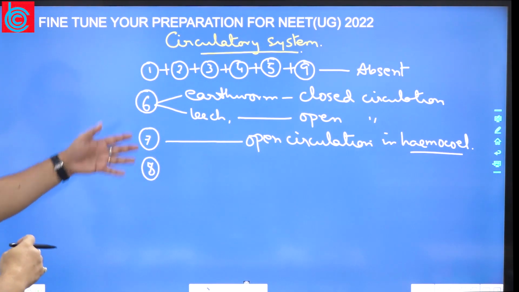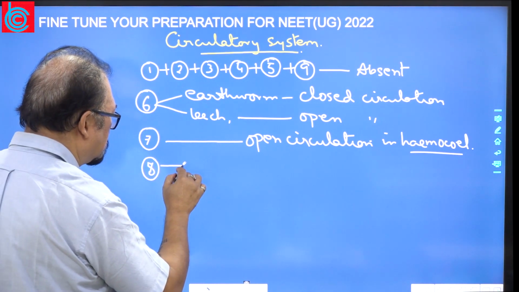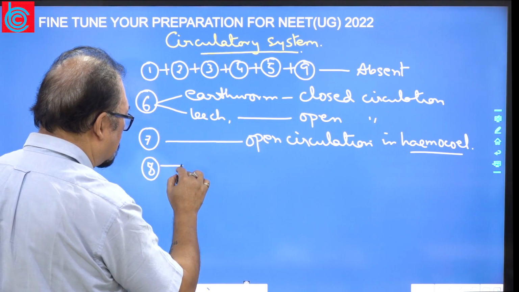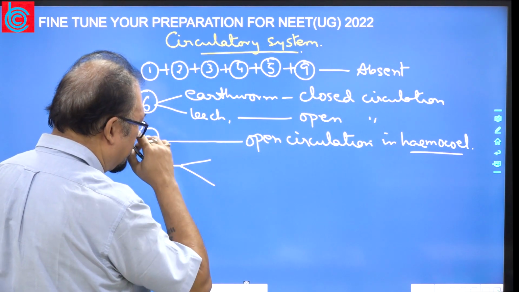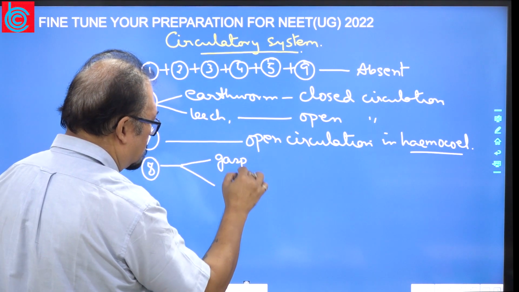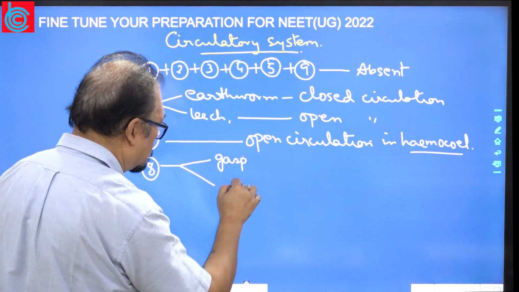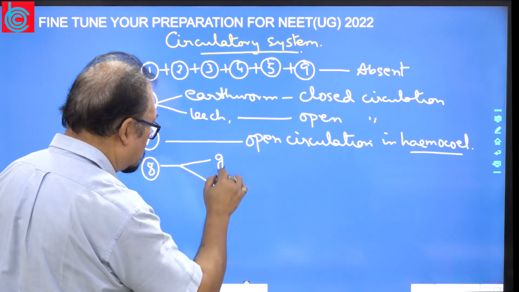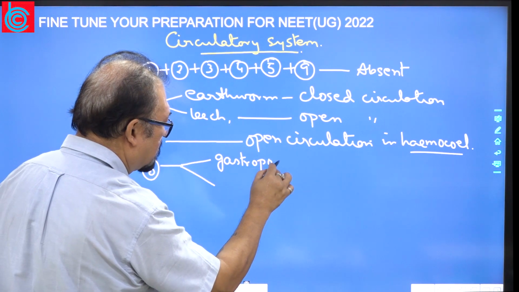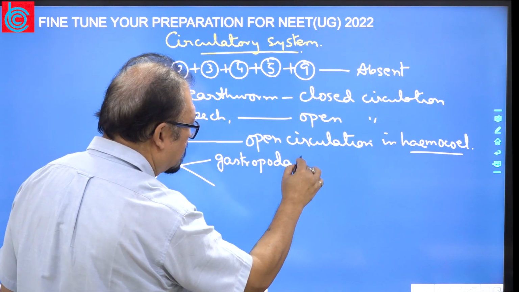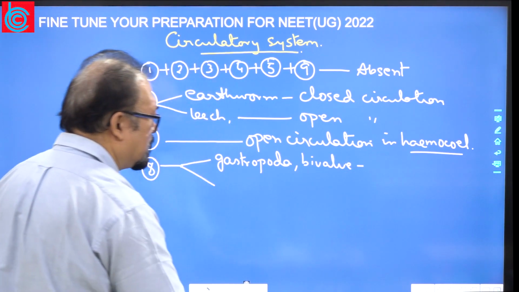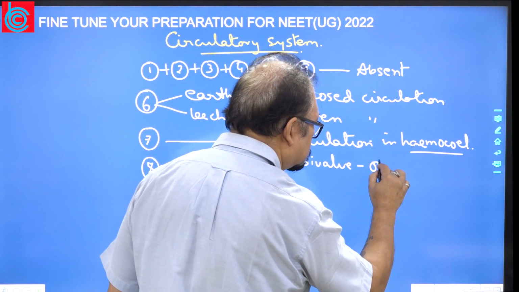Mollusca, just correct it, it is a mollusca. So in mollusca, again two types. Gastropoda means snail. Bivalve, bivalve is the oyster. So they have the open circulation.